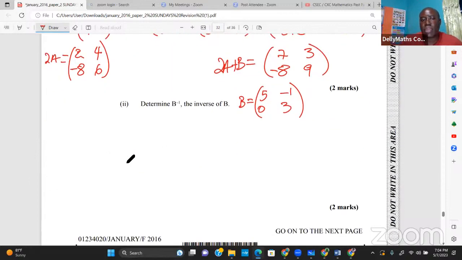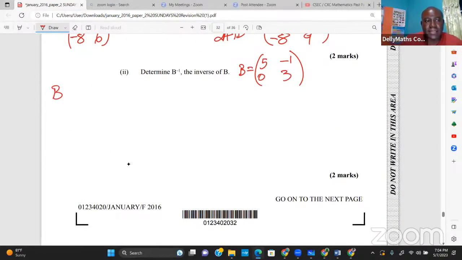Now, the inverse is an idea that says that 1 over the determinant of the matrix multiplied by the adjoint of the matrix. So we need the determinant and the adjoint. We merge them and we get that.